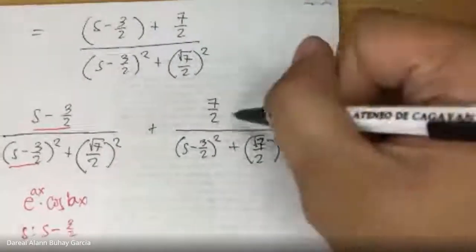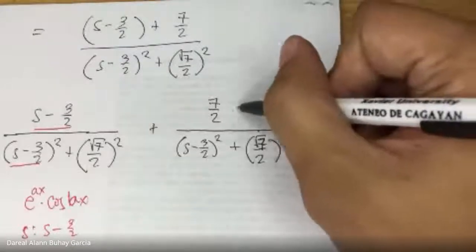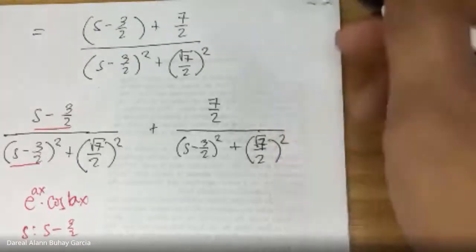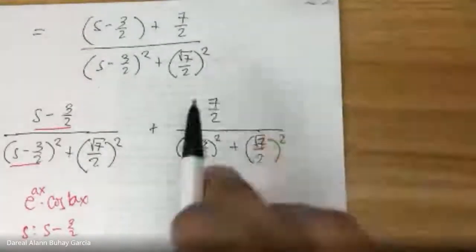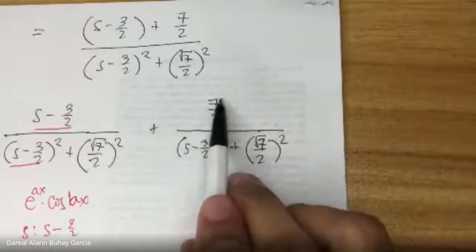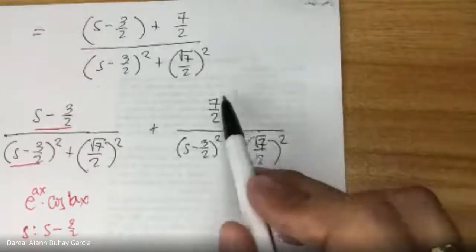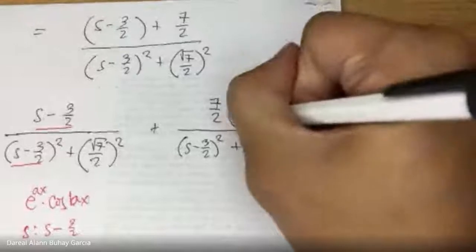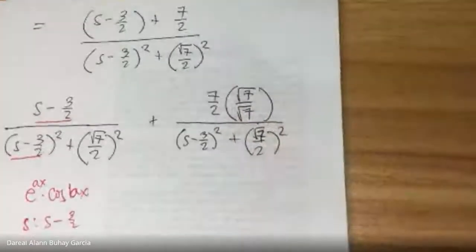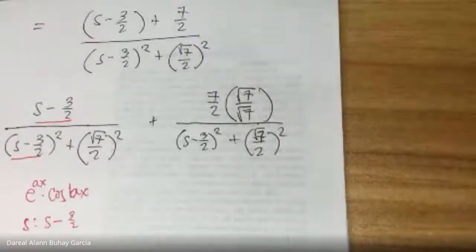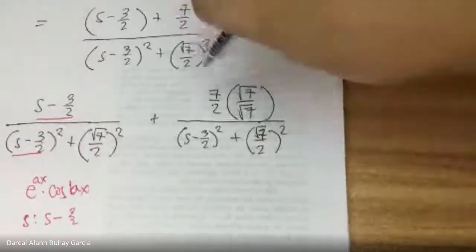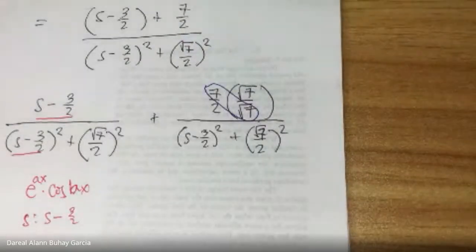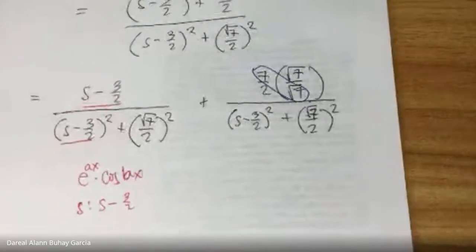Ibulag na to si 7. Magkibali constant na siya. Ang constant dire is this one. Constant na siya, so pwede na siya ipagawas sa Laplace notation.